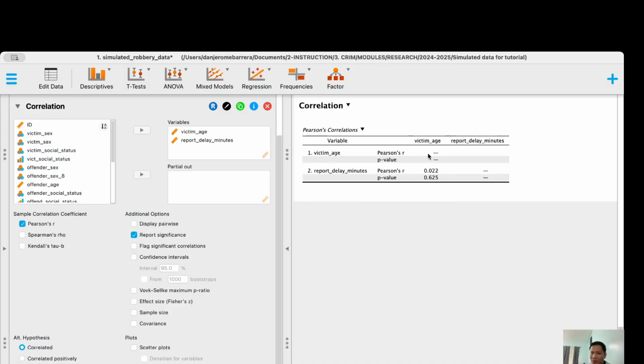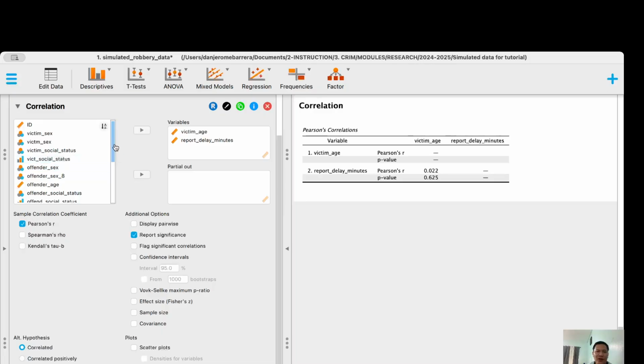Logically, there's no number here because it is between victim's age and victim's age. So it's a relationship between oneself, so there's no number. And here, reporting delays versus reporting delays, so there's no number also. So that's how Pearson correlation is interpreted.